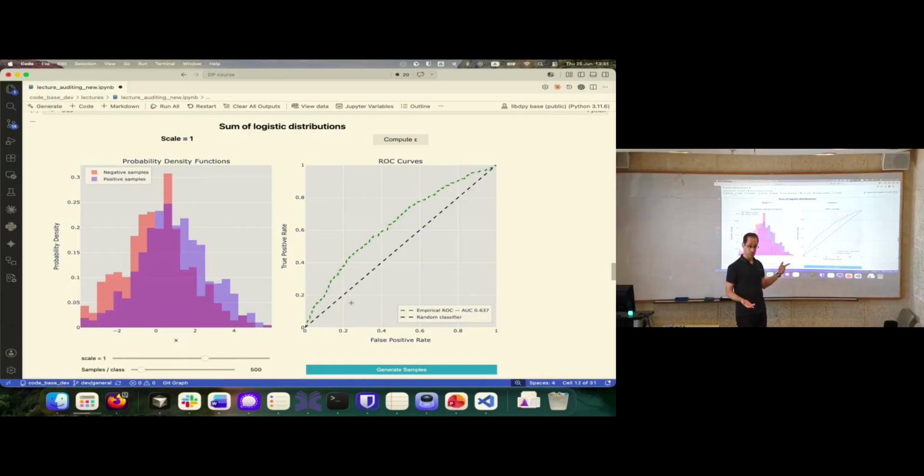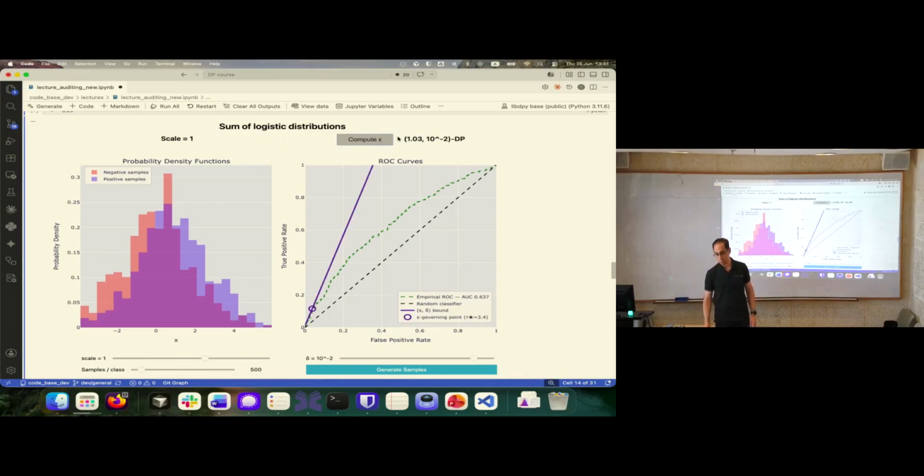This is not necessarily the optimal ROC, but it is some trade-off function. So I can use it to try to compute epsilon in the same way. Now it's no longer a matter of finding the line that is, what do you call it? Orthogonal? No, not orthogonal.